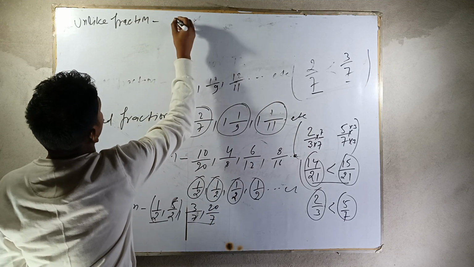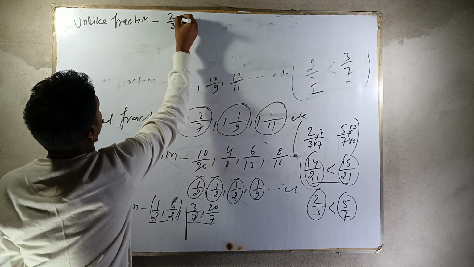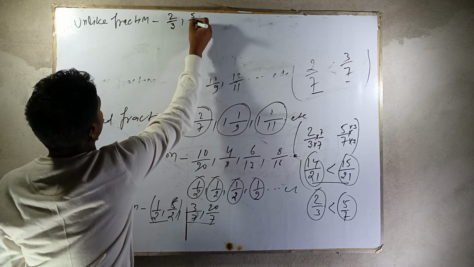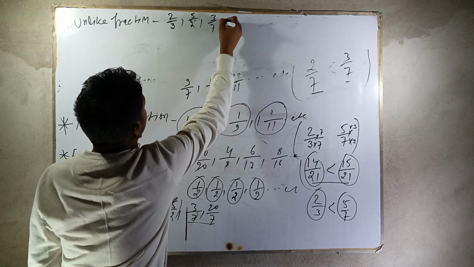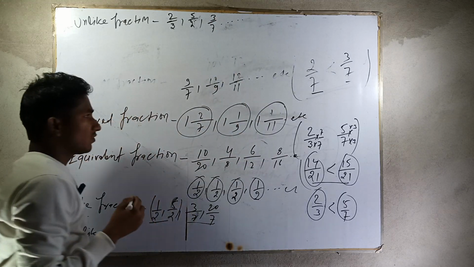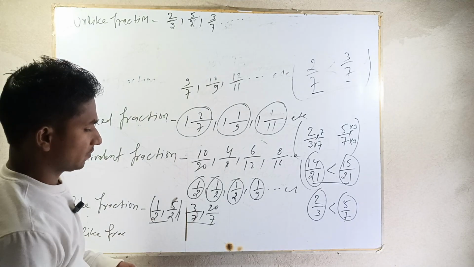That is called an unlike fraction. 2 by 3, 5 by 2, 3 by 7 and so on are all examples of unlike fractions.